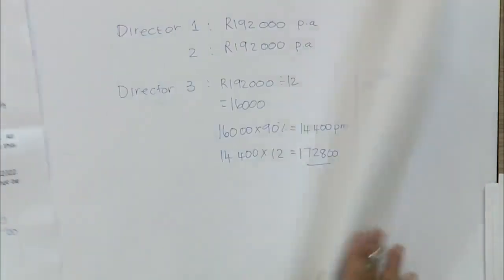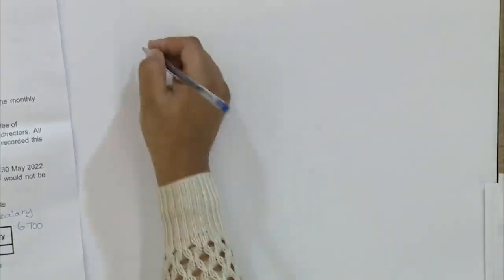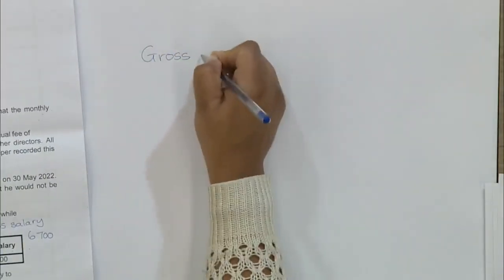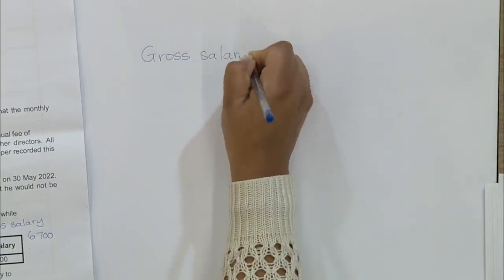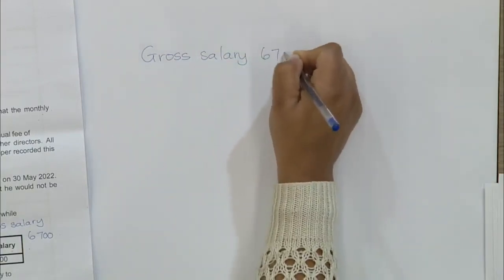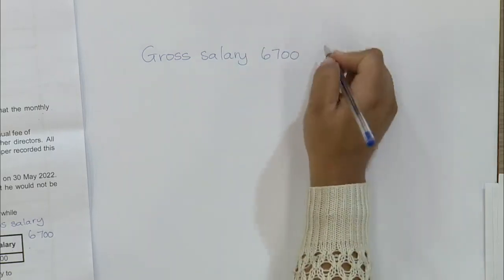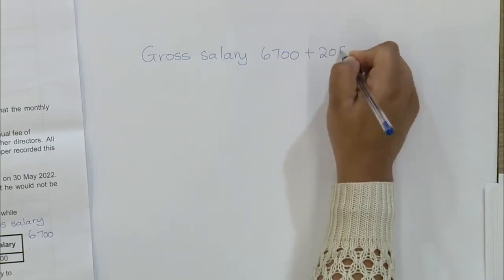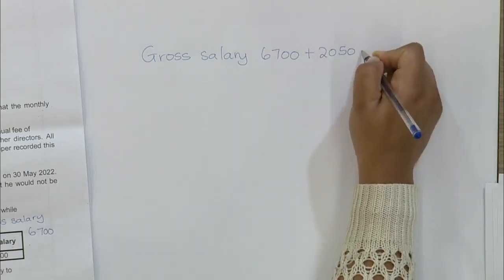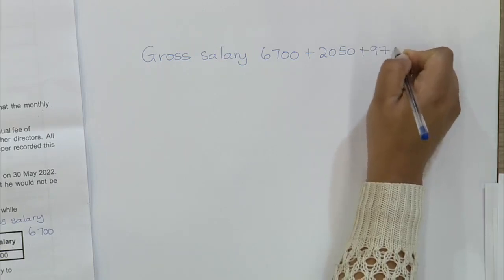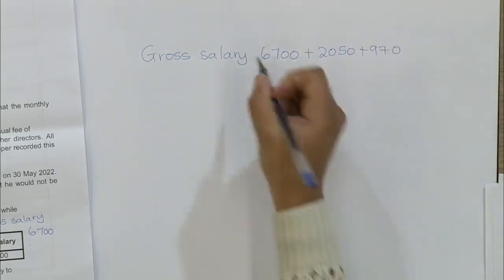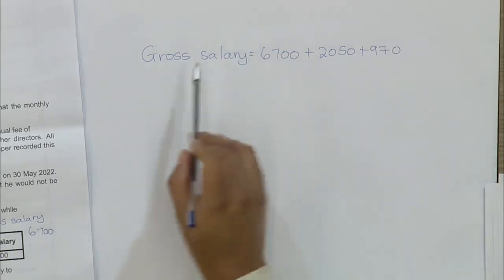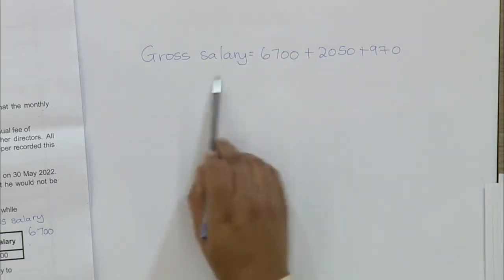Okay, let me do it on a piece of paper here. So in order to calculate the gross salary, we say 6,700 Rand plus the pay as you earn, which is 2,050 Rand, plus 970. So that's your net salary plus the deductions gives you the gross salary.